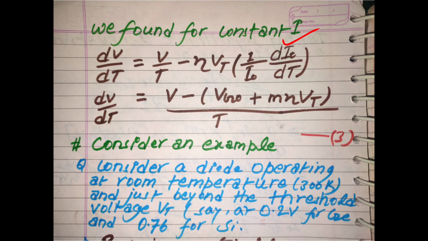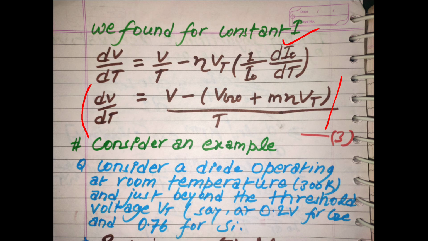So we get a new equation, dV upon dT is equal to (V minus Vg naught) upon T plus m into Vt upon T. This is our equation number 3.